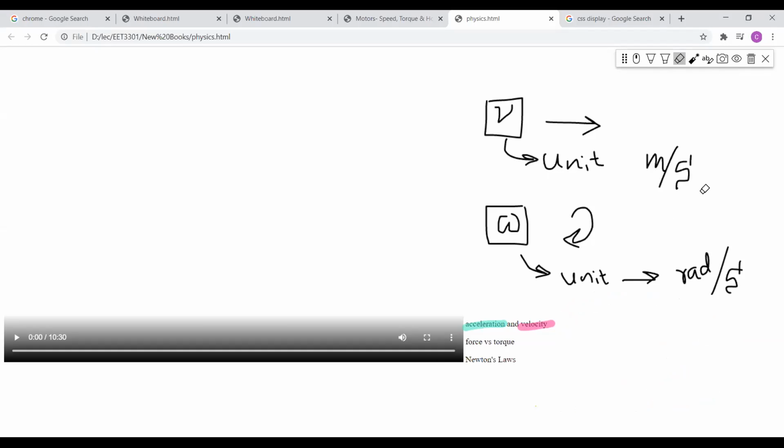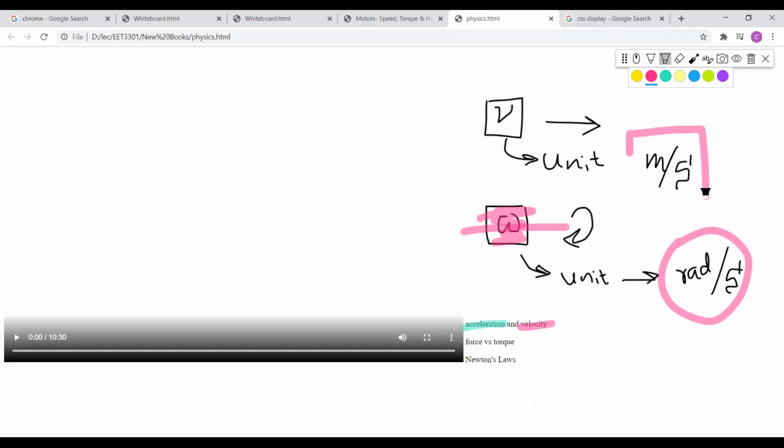What you need to know is the unit for angular velocity is going to be this one, the metric one. And depending on other unit types, for instance, in the UK, in the United Kingdom, they use different imperial units. So in that way, you know how to derive the unit for velocity.